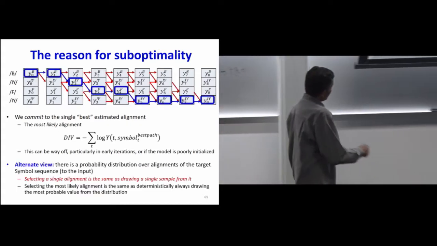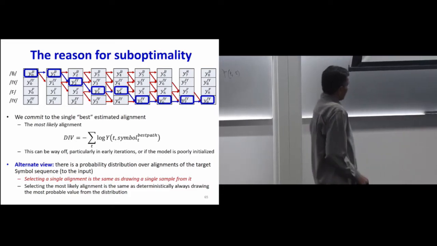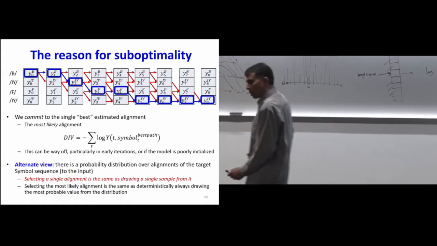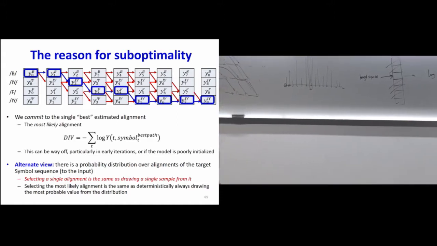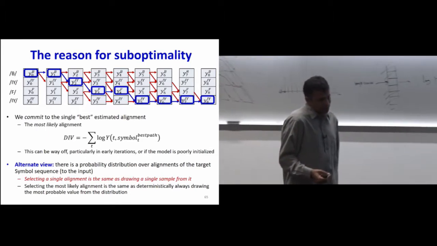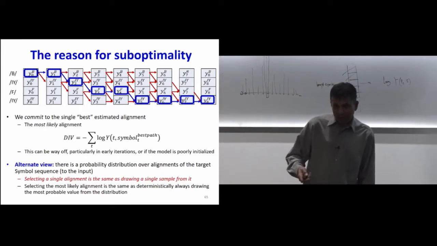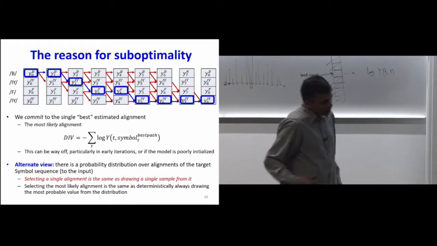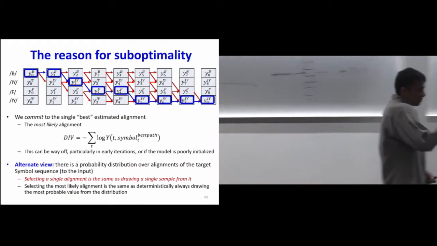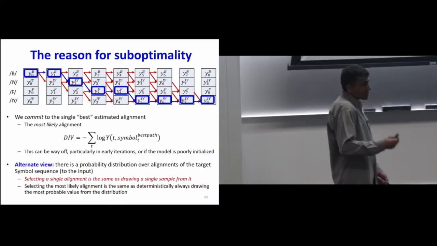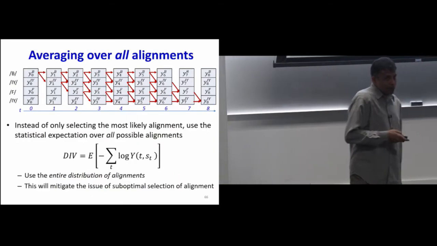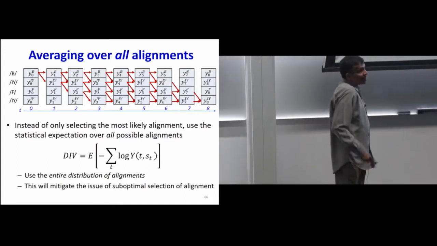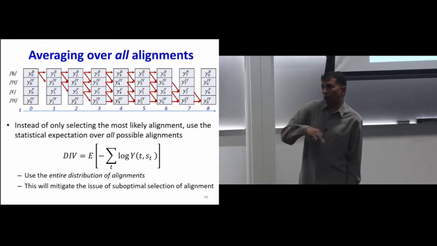You can assume that there's a probability distribution of alignments. Selecting a single alignment is the same as drawing a single sample from it. What we've done is always draw the most likely sample. But a better thing to do is to sample the whole thing many times, right? Draw every sample, and if you keep repeatedly sampling, the more likely things are going to come out more frequently, the less likely things are going to come out less frequently. So if you average over all of them, you're really computing the expected divergence over all possible paths.